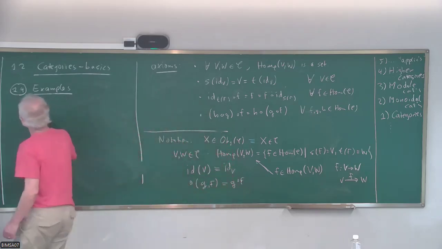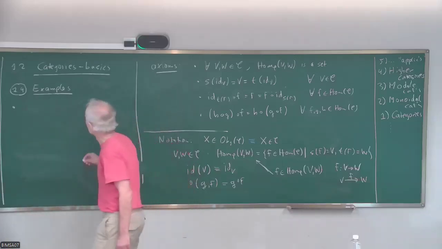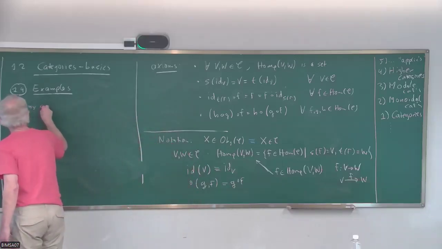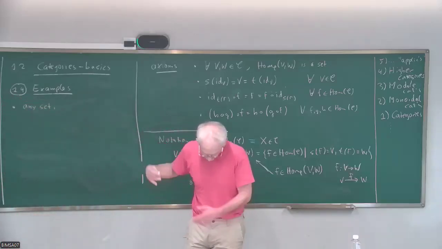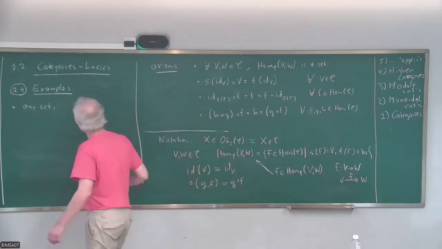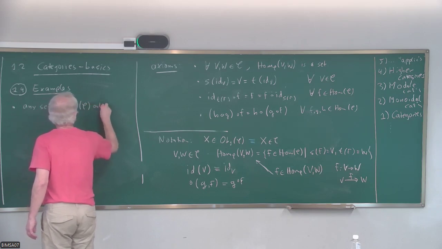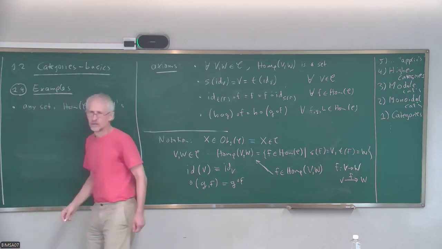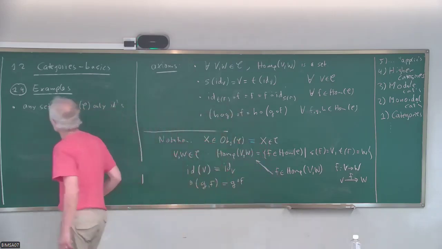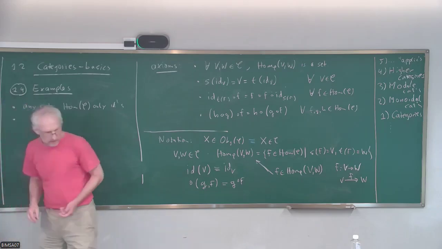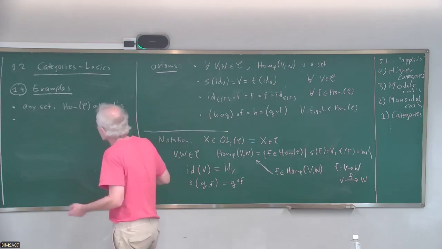So the very first example is very trivial, namely just take any set as your class of objects and take Hom C only identity morphisms. Then you can check that the axioms are fulfilled. This is not very interesting, but anyhow, you can define it. It is a category.